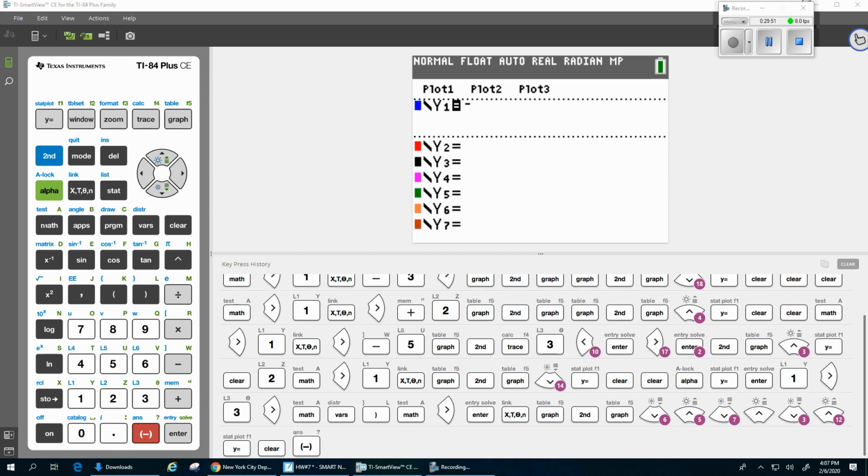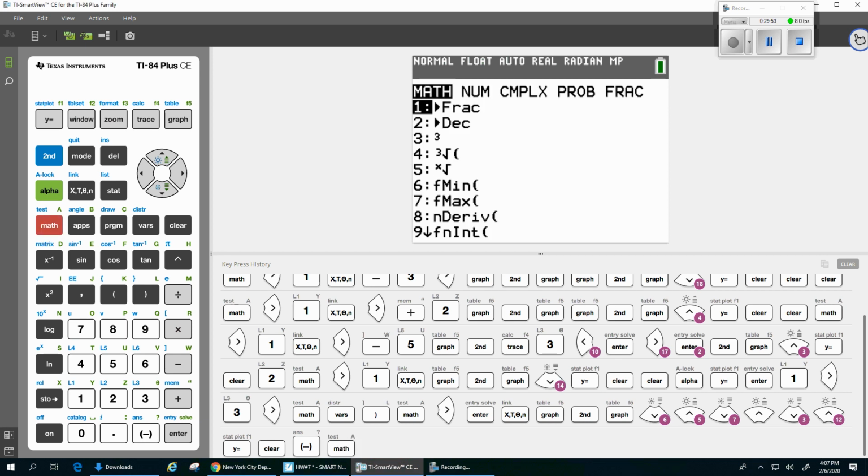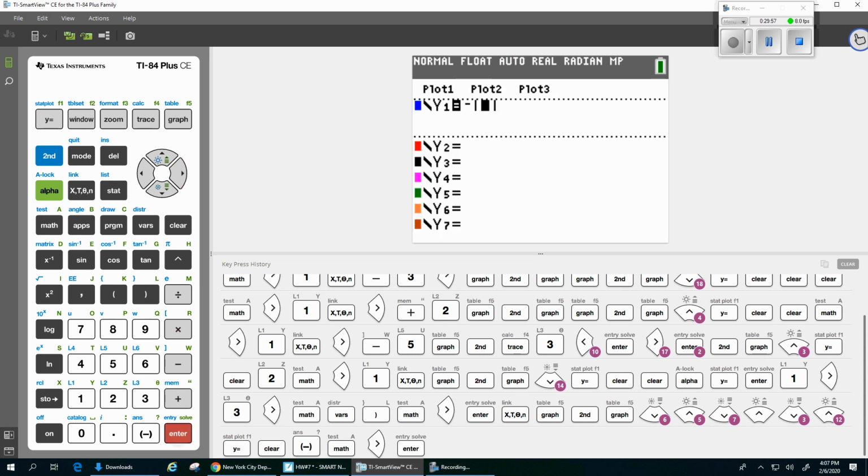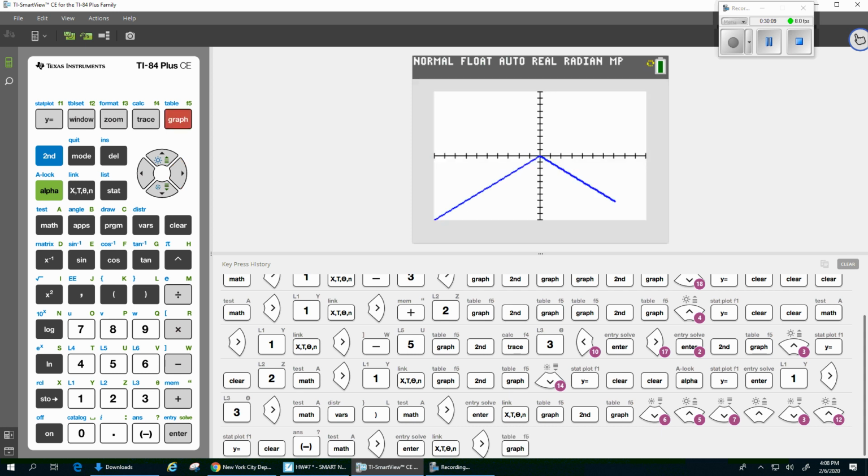And then we're going to create our absolute value bars, math num, option 1, x. Make a prediction. What's going to happen to the parent function if I multiply by a -1? Let's check the graph. Oh, interesting. Instead of a minimum, we now have a maximum vertex.